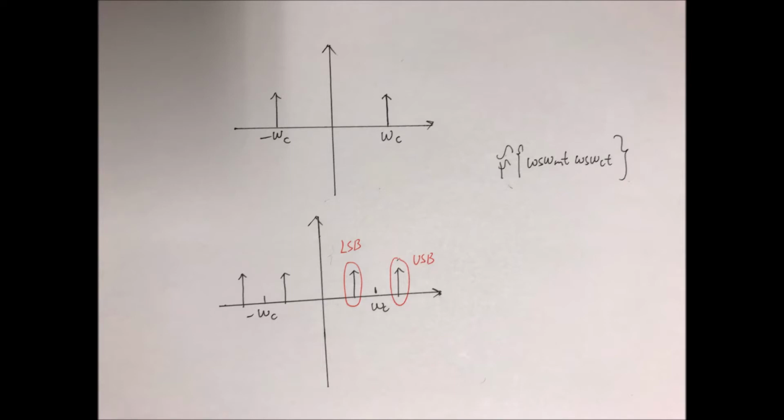This is the Fourier transform of cosine omega_m t times cosine omega_c t.